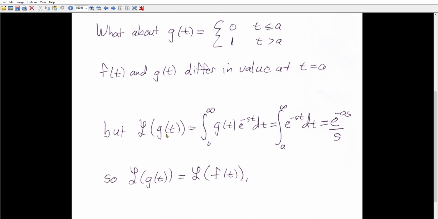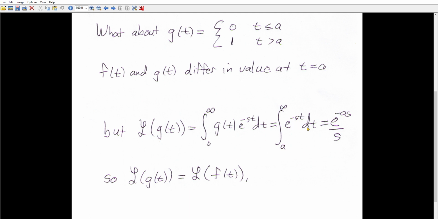So if we look at the Laplace transform of g of t, it is the integral from 0 to infinity of g of t e to the minus st, which is going to break up as 0 when t is less than or equal to a. Now g of t is 1 when t is greater than a. So we get the integral from a to infinity of e to the minus st dt.